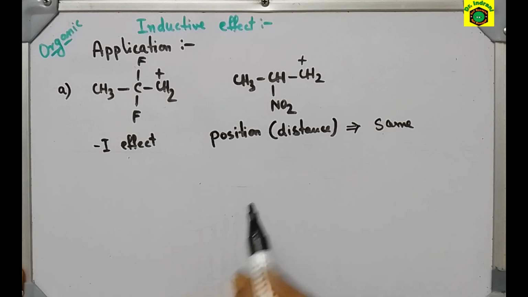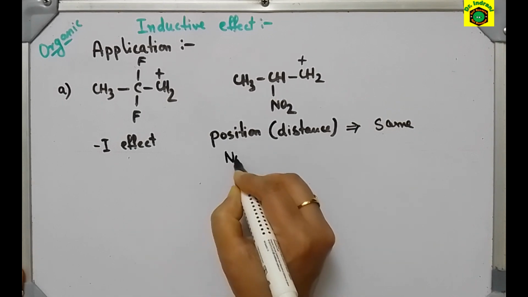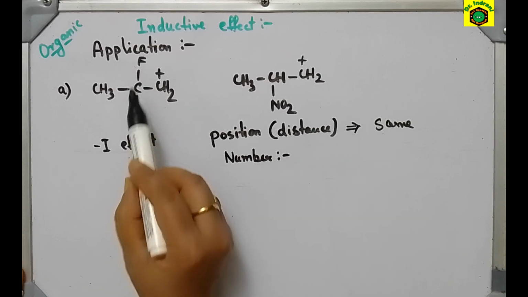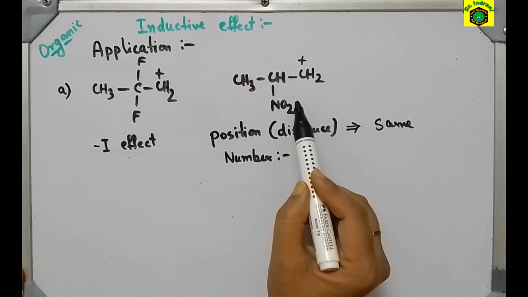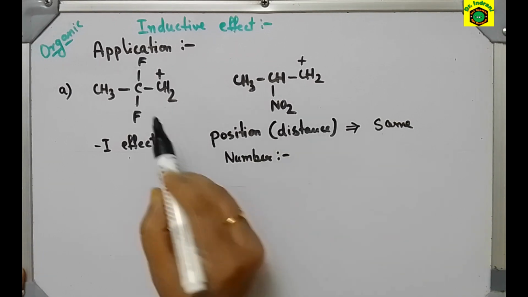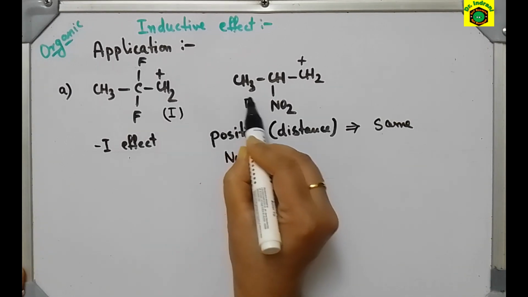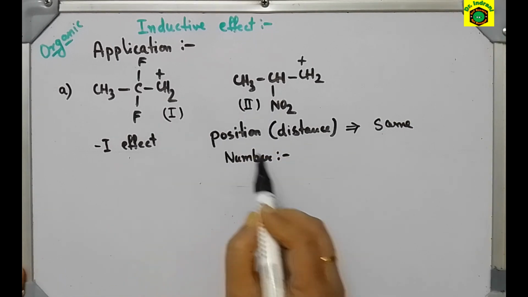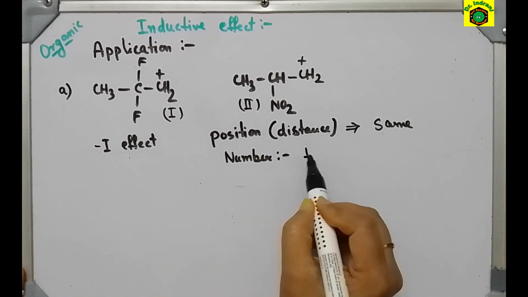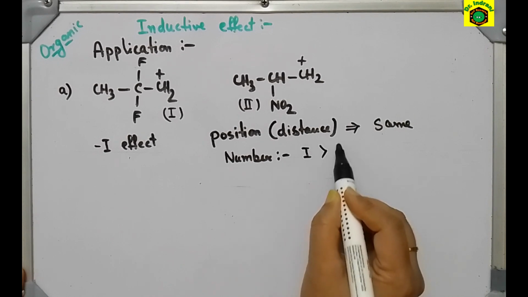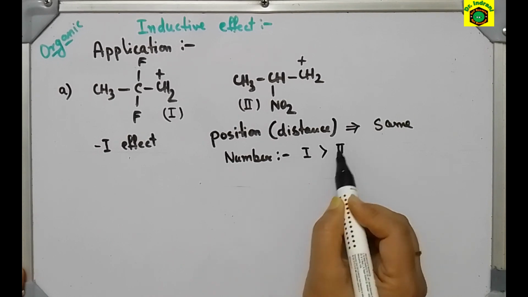Now see number. Here 2 fluoro groups are present, here 1 nitro group is present. So if I am giving this one as number 1, this is number 2. So number wise, 1 is having more number of minus I effect groups and 2 is having less number of such groups.